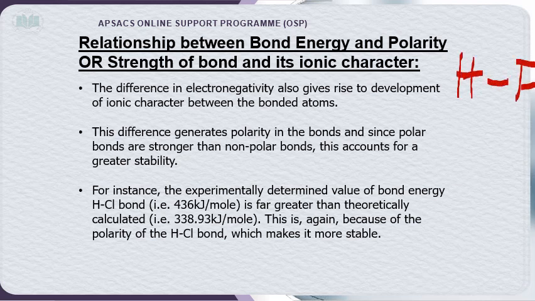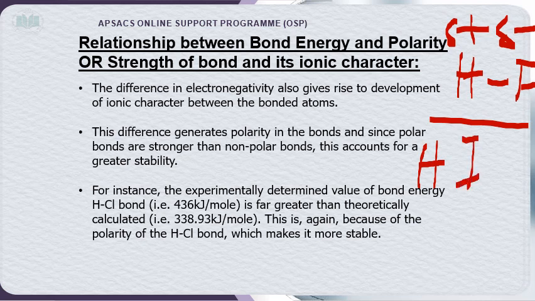There is a difference of electronegativity. They have the appearance of partial positive and negative charges upon them. So the HF bond is considered the strongest bond, and the bond in hydrogen iodide is the least strong bond among the hydrogen halides. Although there is also a difference of charges present.